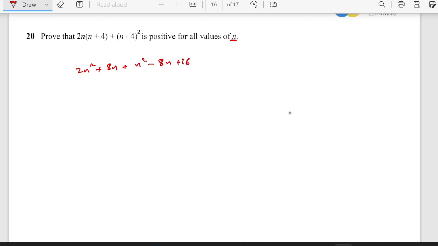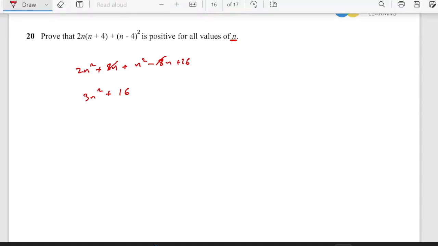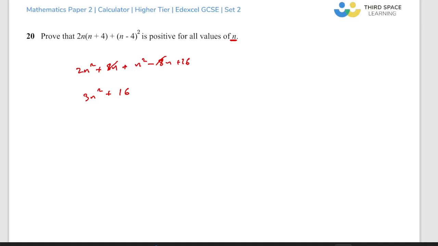So if I simplify this, I'm going to get 3n squared, these would cancel, so plus 16. I think that's as simple as I can go, but that's fine.